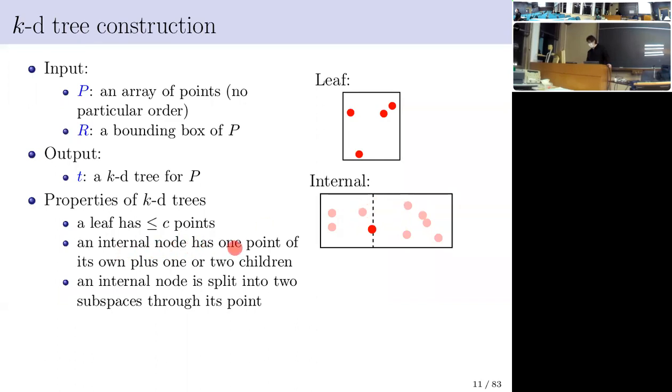So an internal node has one point of its own, plus one or two children. In some cases, it may happen that you don't have, for example, a left child because there are no points to the left of this point. So in general it has one or two children.